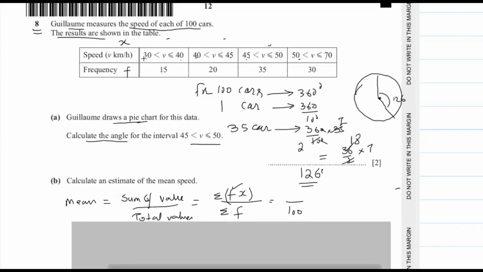X is the middle value of the interval. The first interval is 30 to 40. We will add 30 plus 40 divided by 2, we get 35. And next value we will get 40 plus 45 over 2, this will be equal to 42.5. And next this value will be 47.5, and this value will be equal to 60.